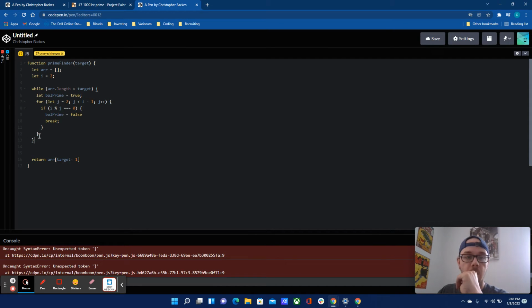After we're done with that, our for loop ends right here. So if bool prime is still equal to true, then r dot push, and then we need to iterate i.